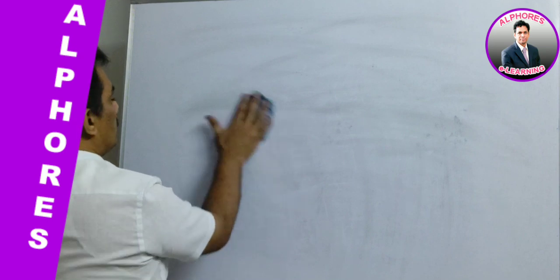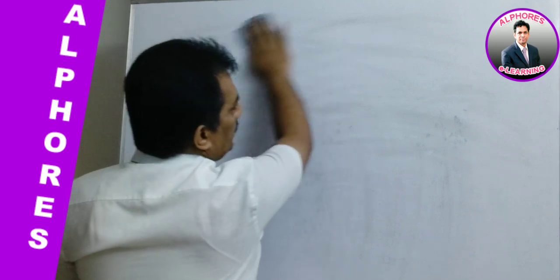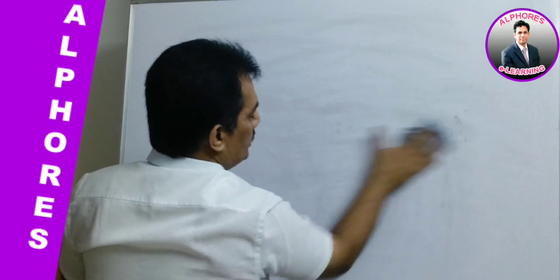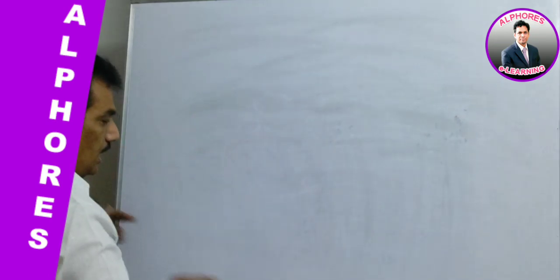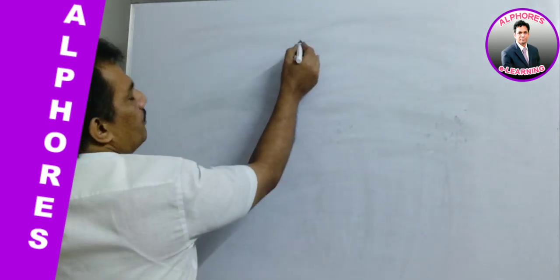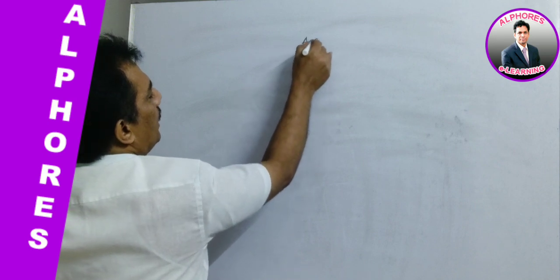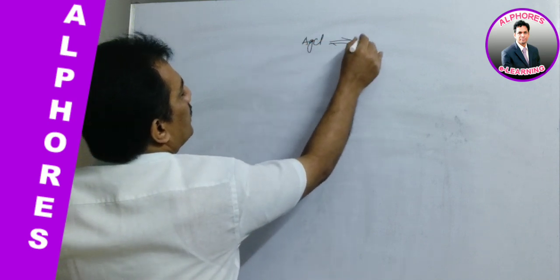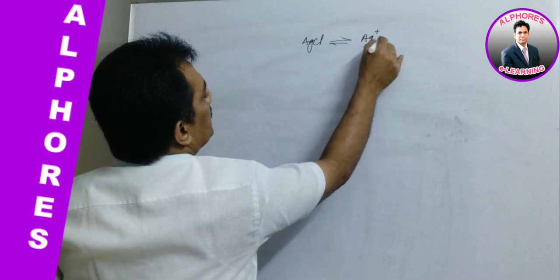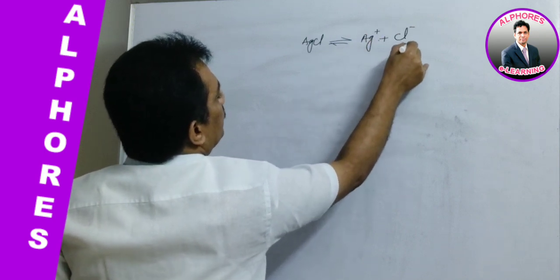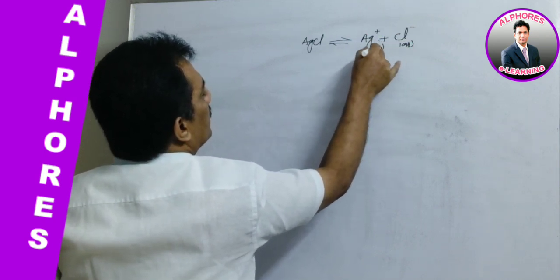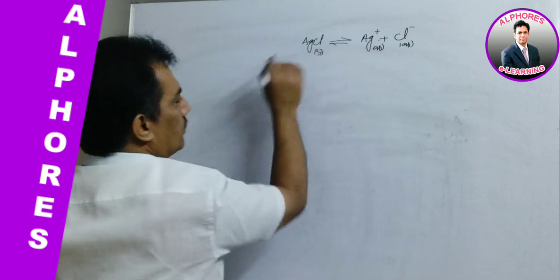That means the molecules that are dissociated or dissolved establish an equilibrium with undissociated molecules. The best example is AgCl. When it is kept in water, it dissociates into Ag plus and Cl minus. These two establish an equilibrium with the undissociated molecule.